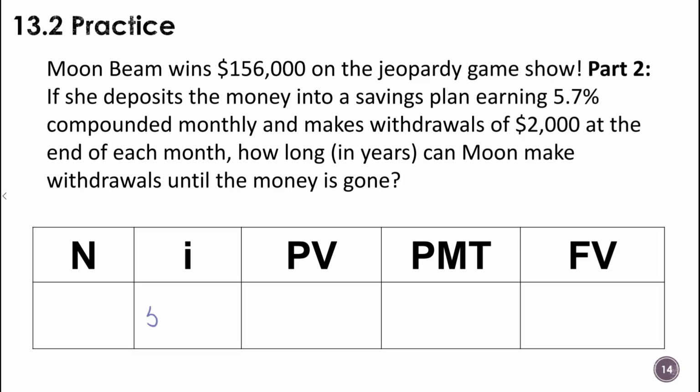So 5.7, and it is monthly, so we're dividing by 12. Her present value is $156,000. Her payment is $2,000. That's how much she's withdrawing.